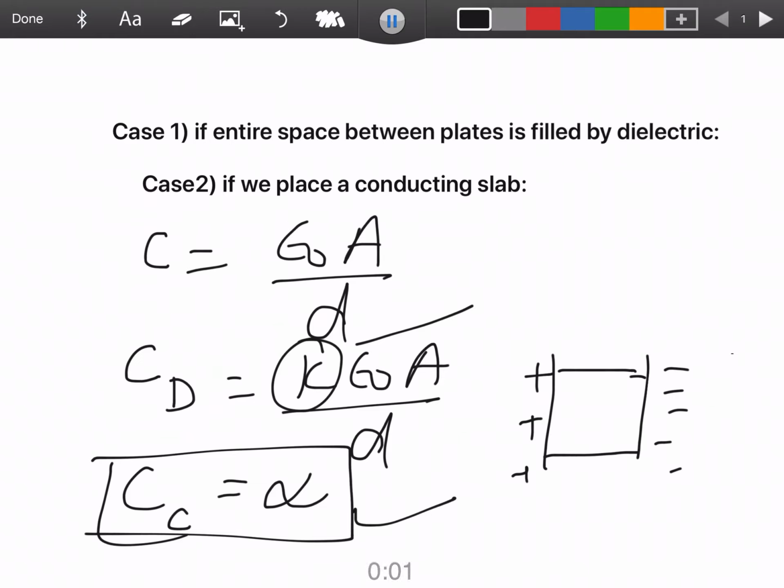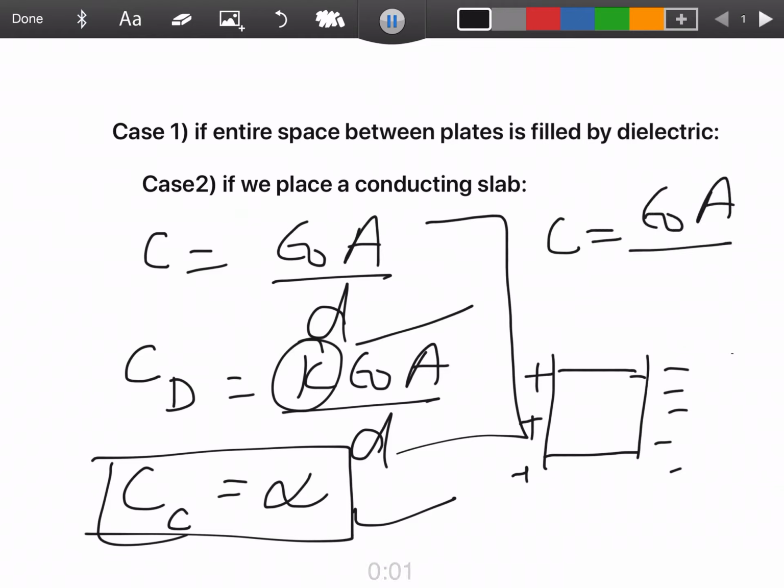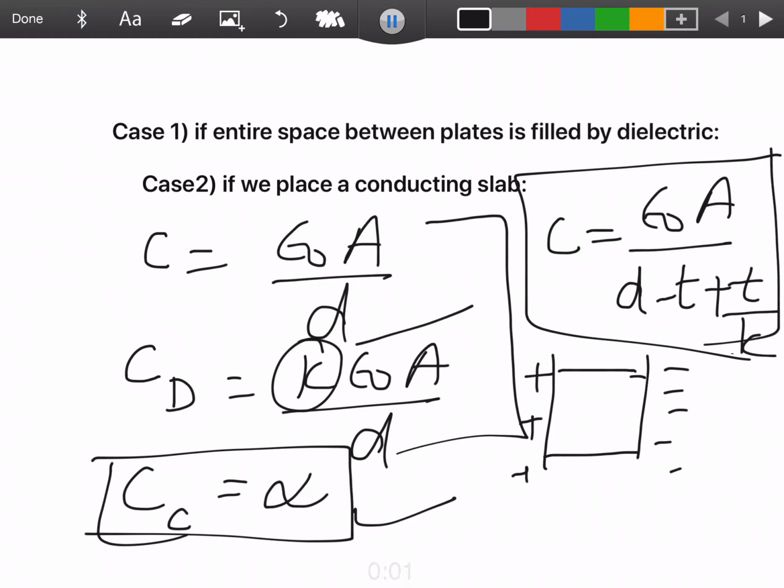So we will be using these formulas. Even the formula that we have done earlier, when thickness is not equal to the total space, C is equal to epsilon naught A by D minus T plus T by K. So these are the three formulas which we will be using further to solve our numericals.